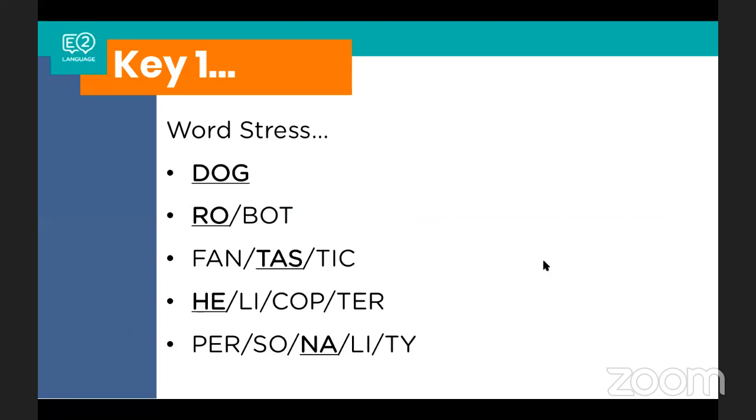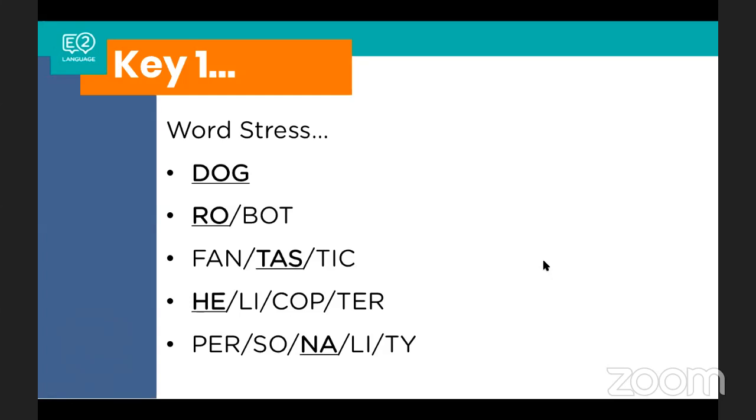But then if you have a two-syllable word like robot, the emphasis is on the first syllable. And you might have a three-syllable word like fantastic, and the emphasis is on the middle syllable. Helicopter, as we saw before, has stress on the first syllable. And personality. Just repeat after me.